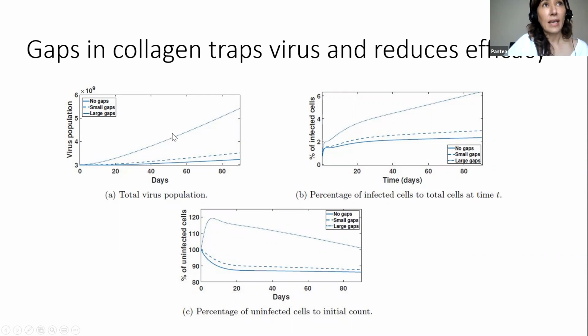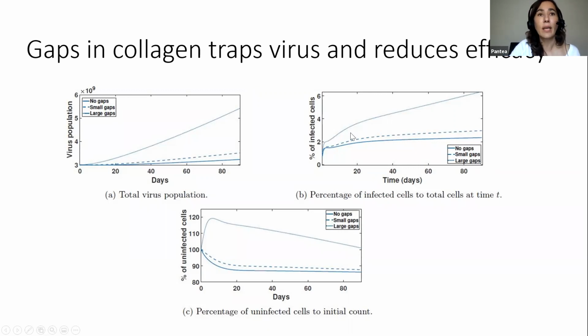Now, if this wasn't the case, my feeling, and I will check this when I run these simulations again, is that if we had a slow growing tumor, the virus population would not grow this fast when it's trapped in these large gaps. Now, the percentage of infected cells: because the virus is growing and infecting a lot of cells in this region, we just get more infected cells.